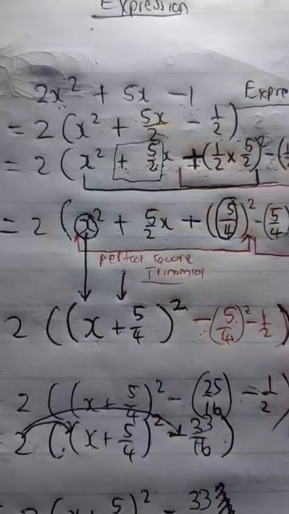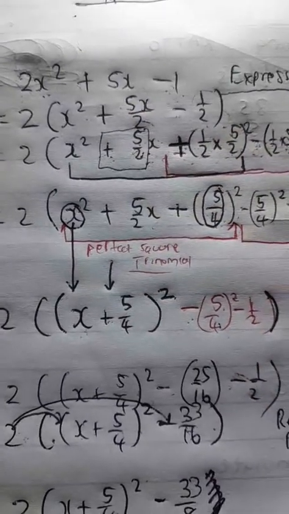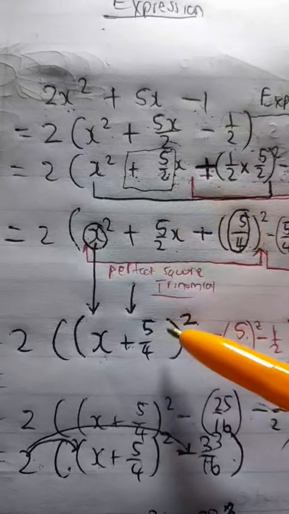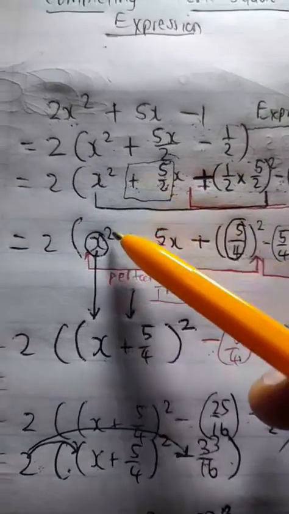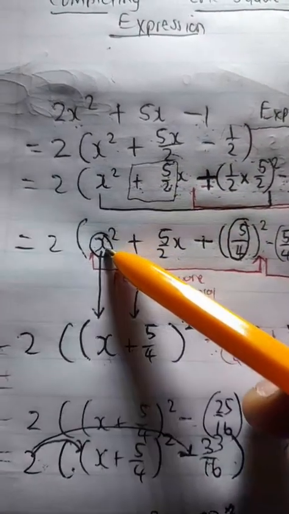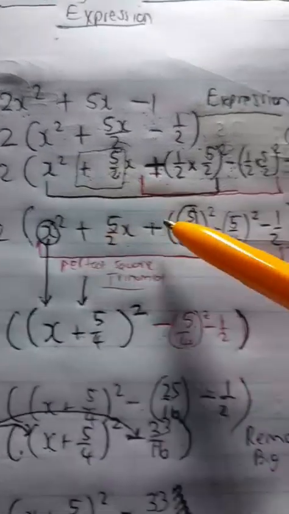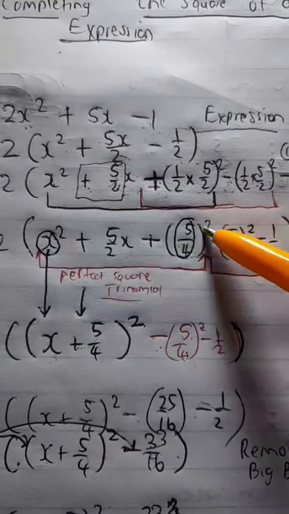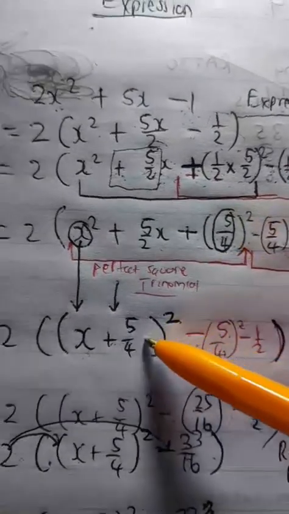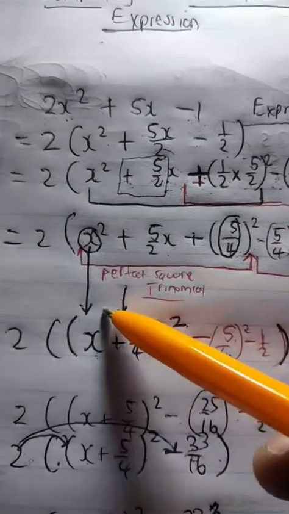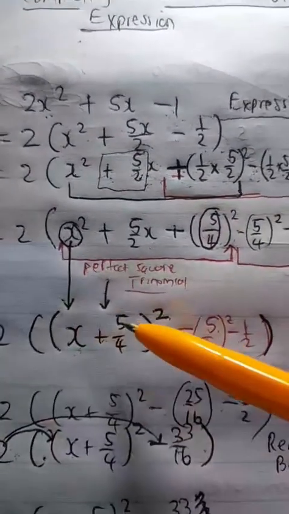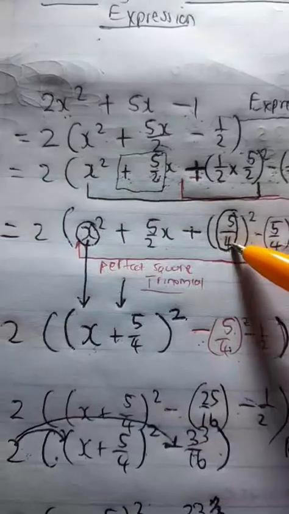People, this is something that is unique about perfect square trinomials. They can be factorized simply by, when we know the first term, the x squared term, and when we know the base of the last term, we can basically represent those two together inside the square bracket. That is our factorization of this perfect square trinomial.